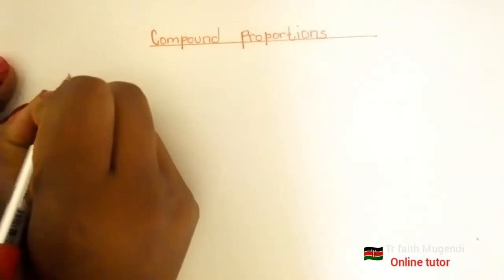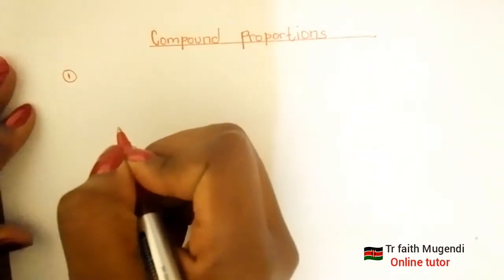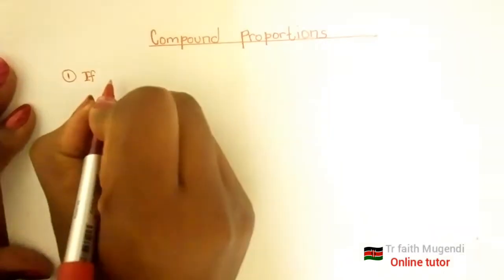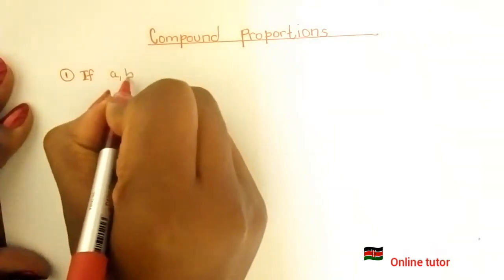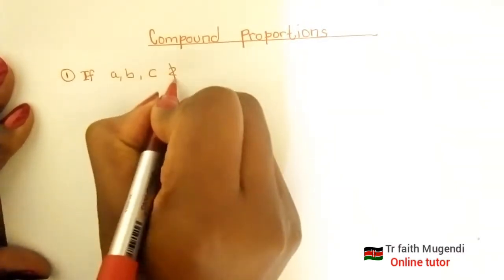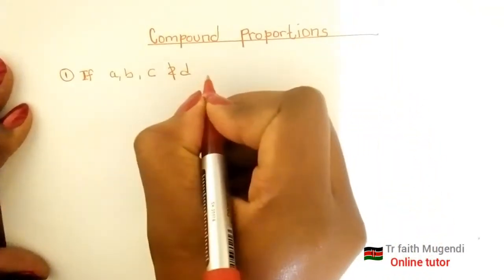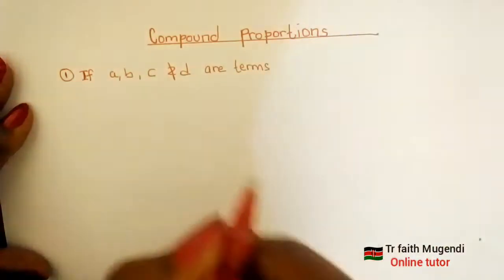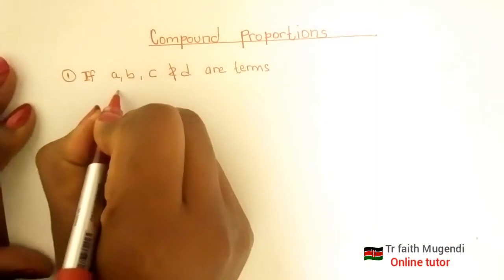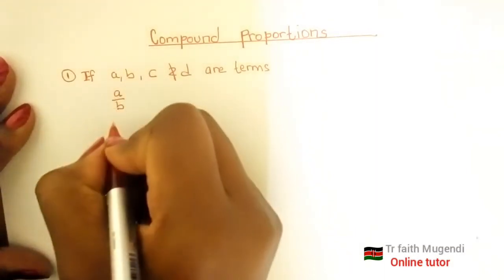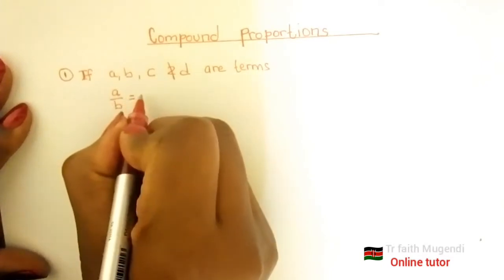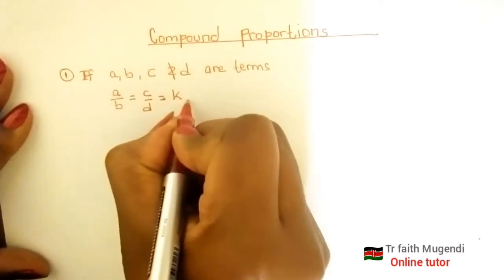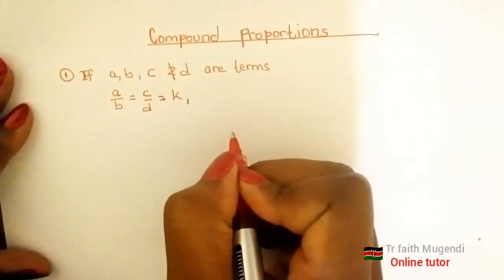Concept number one about compound proportions is that if A, B, C, and D are terms such that A over B, the ratio of the fraction A over B, is equal to C over D, which is equal to a certain constant K1.